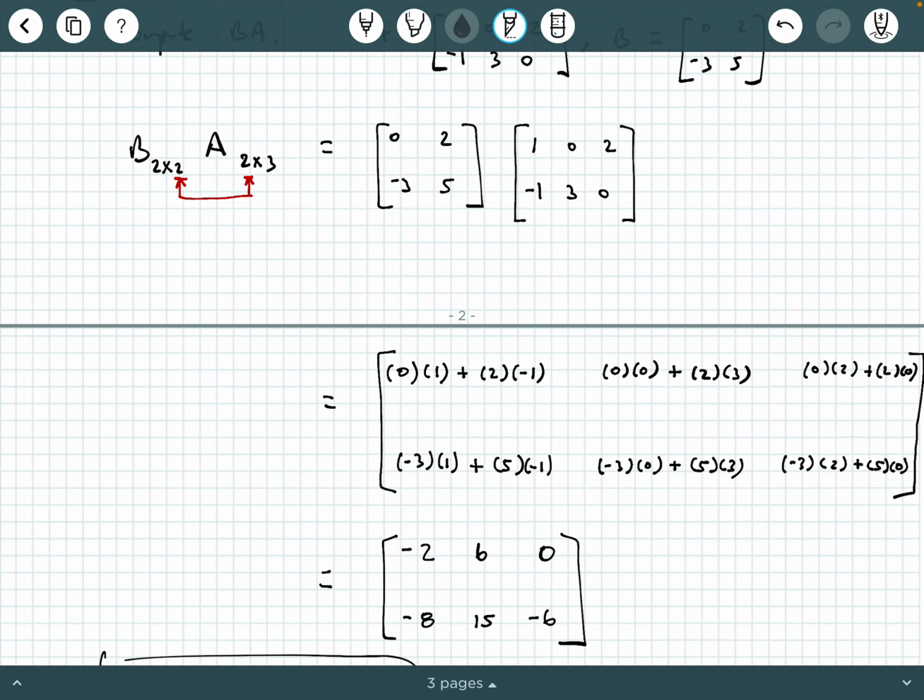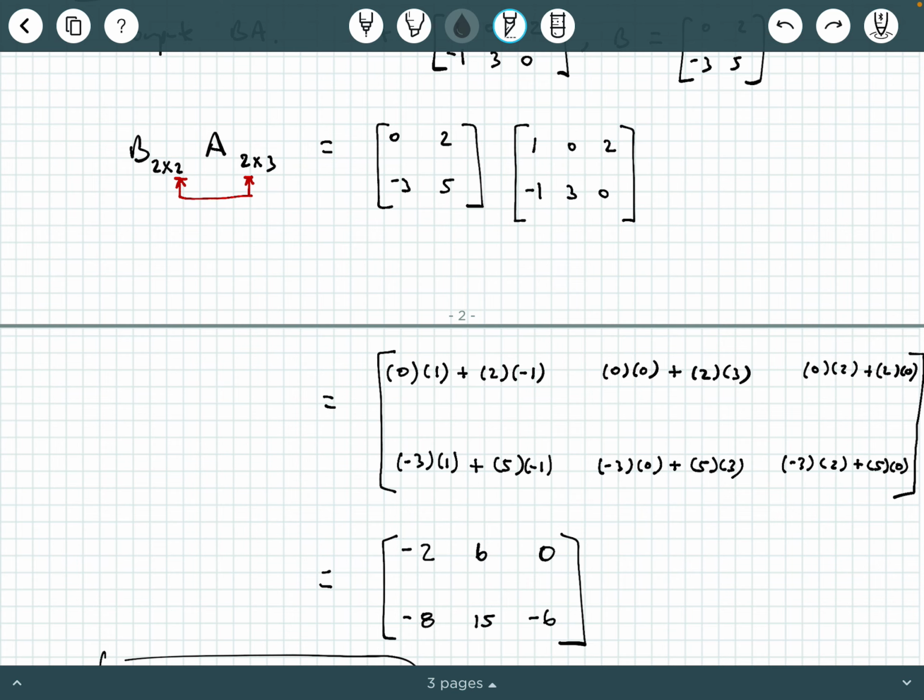So when you multiply row 1 by column 1, that's going to give you the 1, 1 entry of your product. Then you multiply row 1 by column 2, that's going to give you the 1, 2 entry of the product. Row 1 by column 3 gives you the 1, 3 entry of your product.